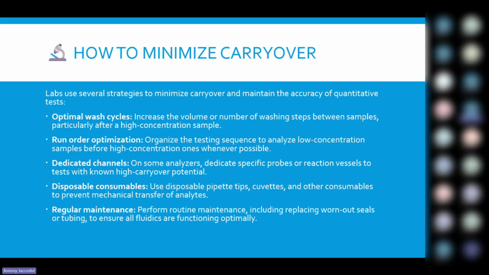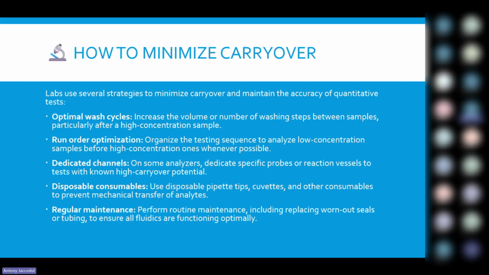So how do we minimize carryover? Labs normally use different strategies to minimize carryover and maintain accuracy of quantitative tests. One way is optimal wash cycles. Most machines nowadays have quite enhanced optimization of wash cycles. They increase volumes and the number of washing steps between samples, particularly after high concentration samples.